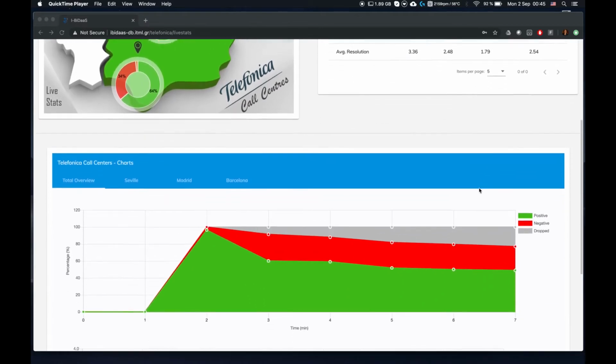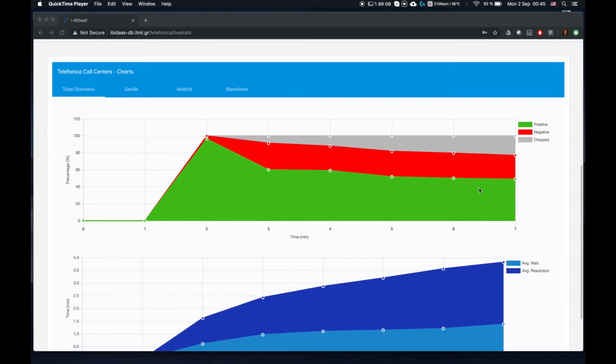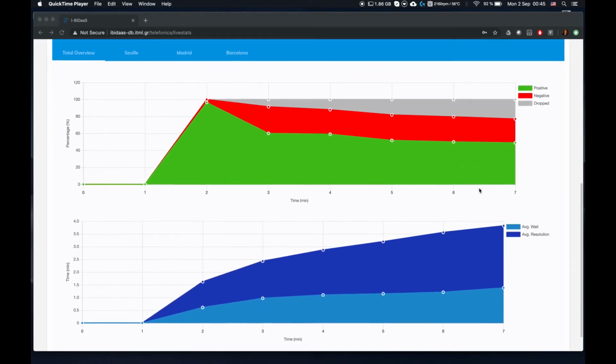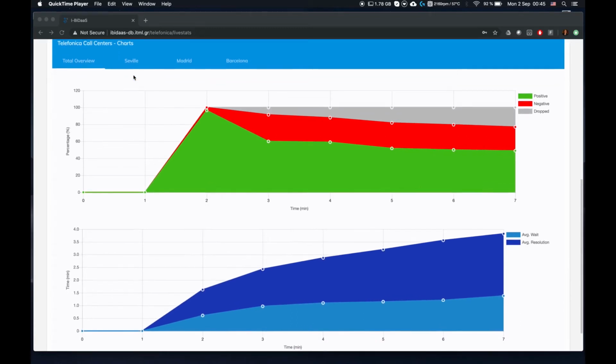Finally, we have the third display, which is a line chart, and we have the overall view for all call centers, but also for the three cities separately.